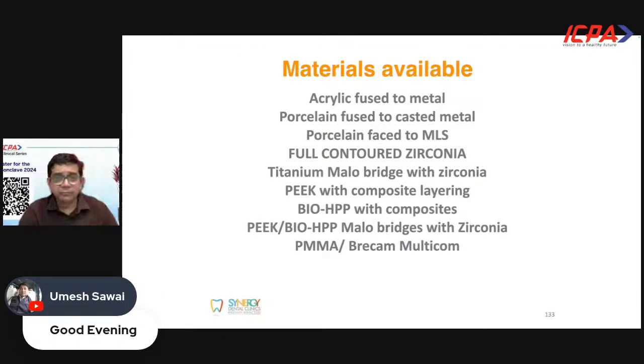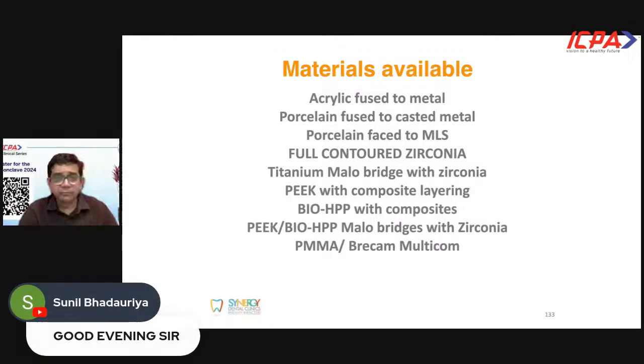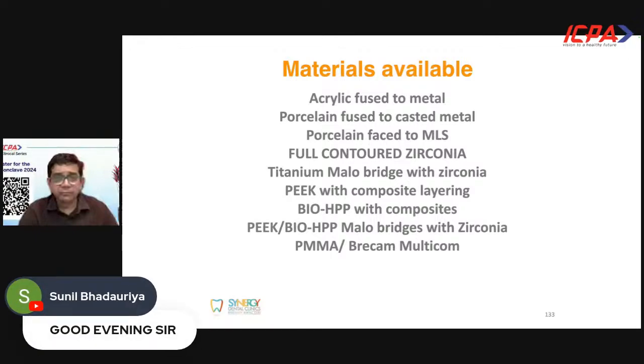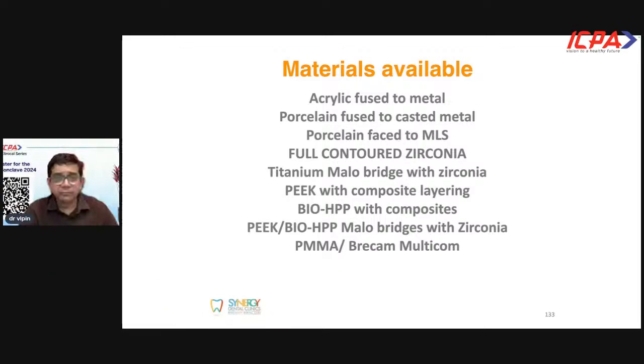So what are the materials available? We used to use a lot of acrylic fused to metal, the hybrid prostheses that we used to call. Then we used to use a lot of cast metal with ceramic layering. I used them a lot in the initial decade of my career. But then when MLS came into the market, I started getting more passive fits with MLS, so porcelain fused to MLS.